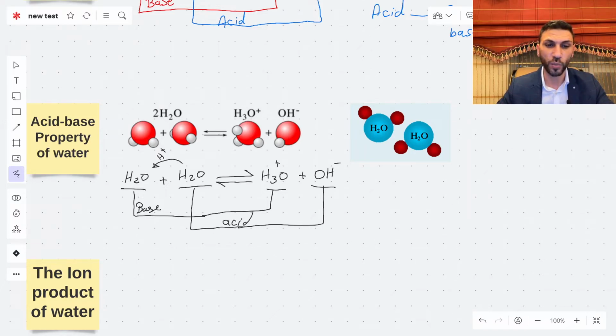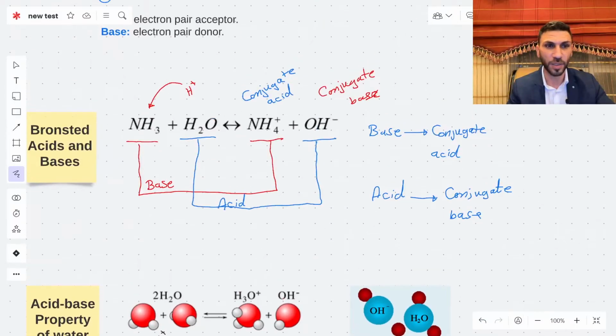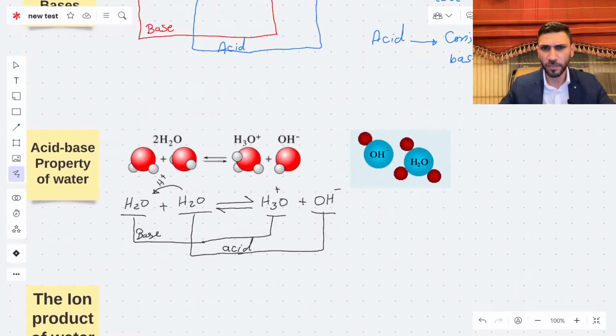And that's why we say water has a double property. It has the acid property or the base property. It depends on what you put it with. For example, in this example here, we put it with a base, so the water in this case reacts as an acid. Look at this diagram here.